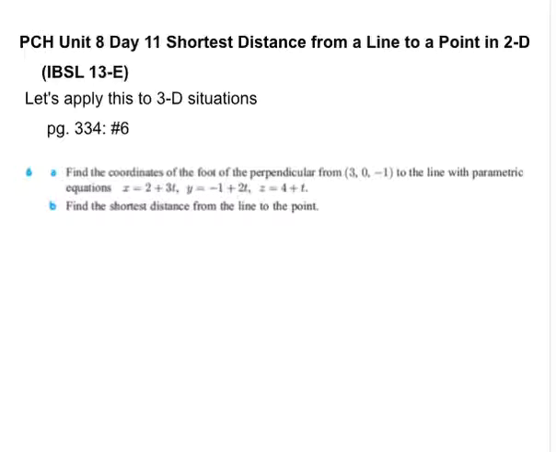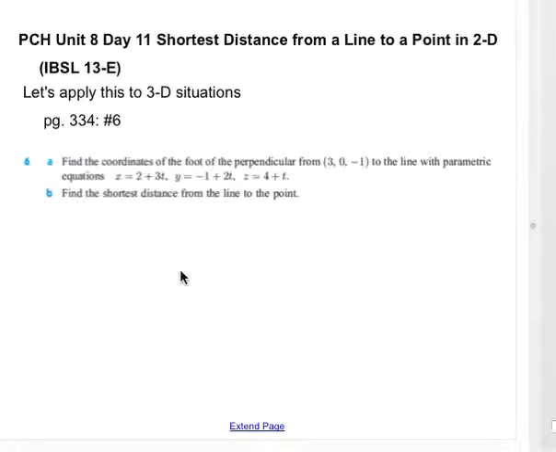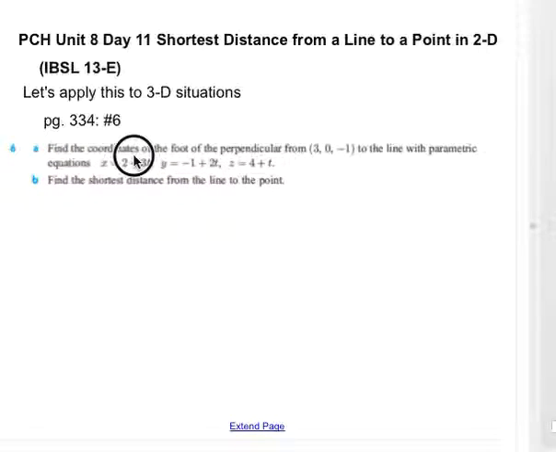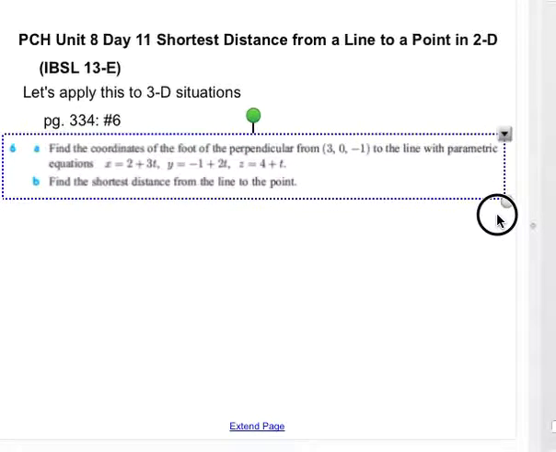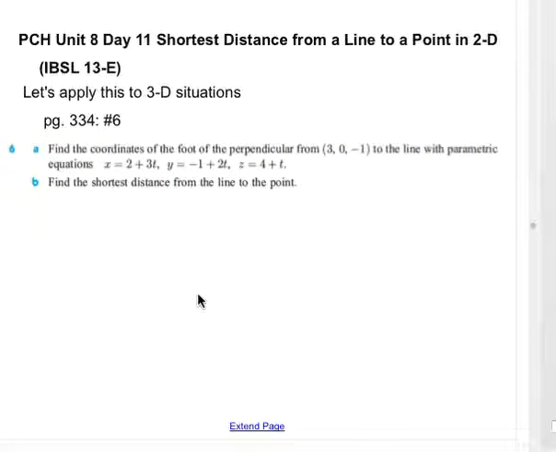as we look at this situation, you notice we're not given a word problem at this point. We're simply given a problem to solve. But it says here that the coordinates of the foot of the perpendicular from the point 3, 0, -1 to the line with parametric equations x equals 2 plus 3t, y equals -1 plus 2t, and z equals 4 plus t.